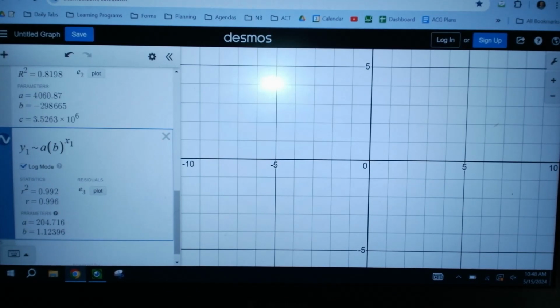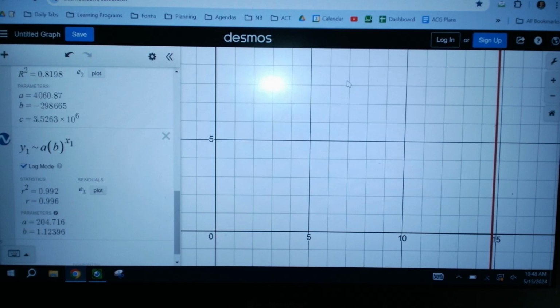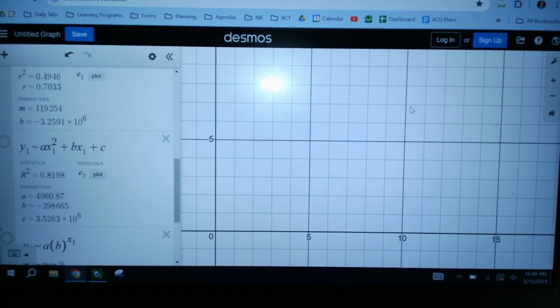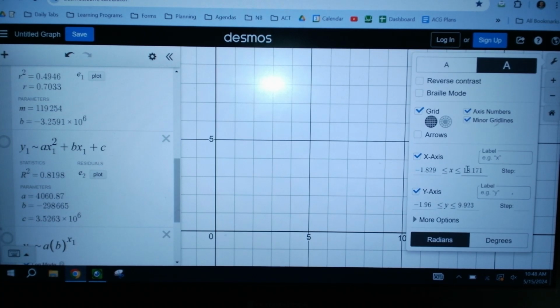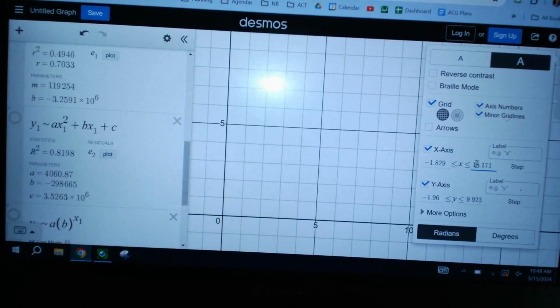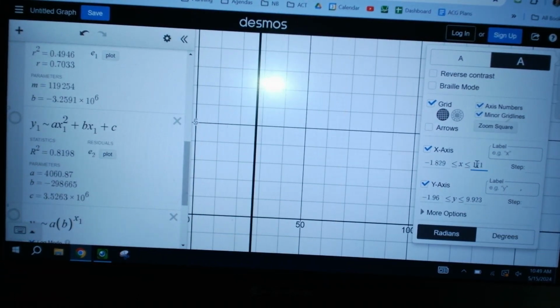Again, you don't need to worry about this, but I'm going to adjust the window of this so that we can see all three. The x's go all the way up to 98, so I'm going to take it to like 150. That works.